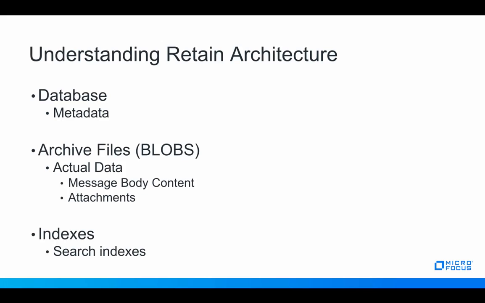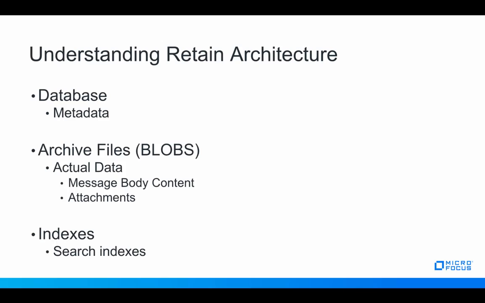Those are in blob files, and the architecture of Retain is really very future-proof in the notion that these blob files are spread amongst 16.7 plus million directories. So that's a really cool design.